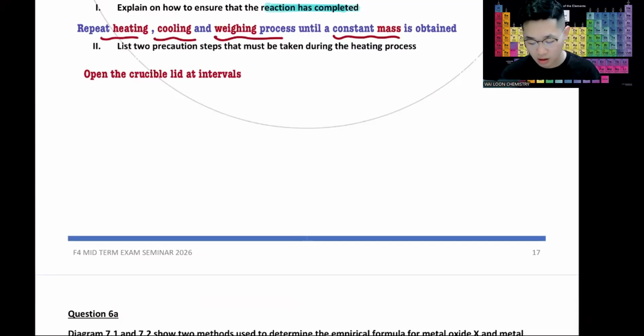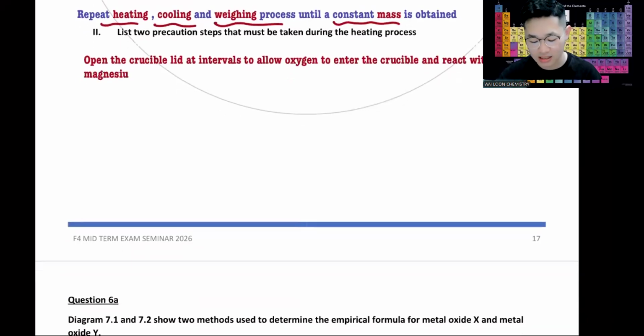The reason is to allow oxygen to enter the crucible and react with magnesium.